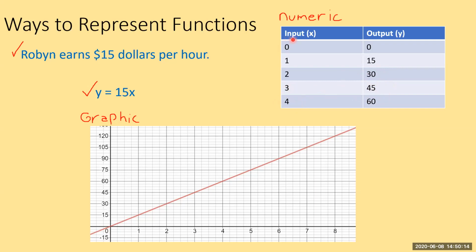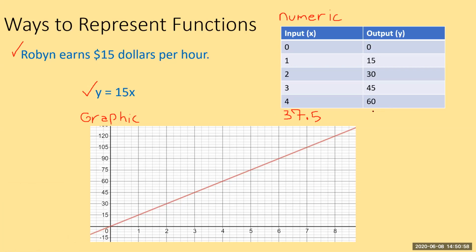And again, I just chose some example inputs here just to help you get an idea of this relationship between input and output. We could really choose any value here for input. So let's say in 1 week, she actually ends up working 37.5 hours. And she wants to know how much money that is going to give her. So again, we're not dealing with taxes at all in this situation. It's very simple.